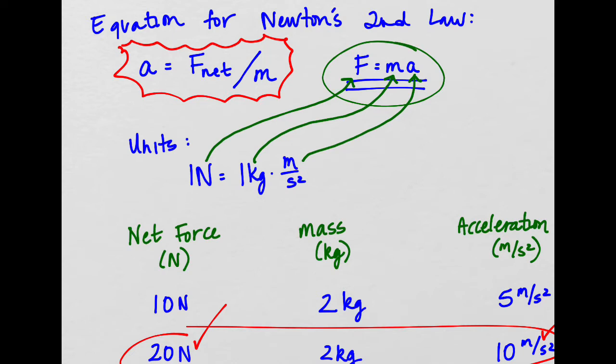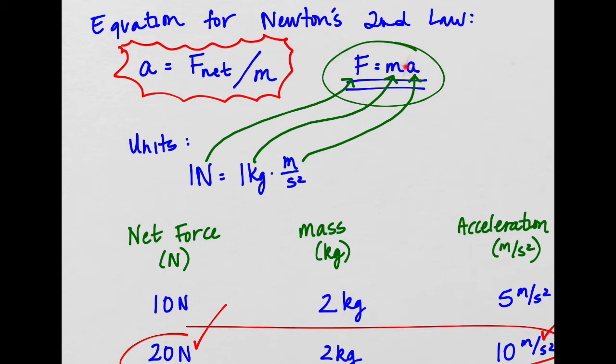And remember, I said that this is the equation for Newton's second law, but usually it's written like this. You'll usually see it like this, but that's just this rearranged, okay? It's usually written like this because it's nicer to look at, it's easier to remember, okay?